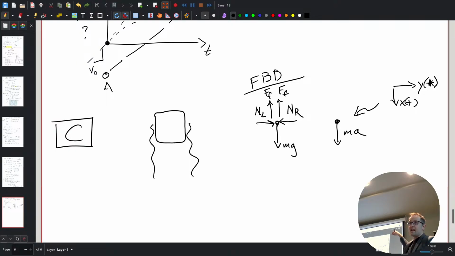If MA is down, so if I'm saying MA has to be down, do I know anything about my left and right normal forces? Yeah. If we're saying the thing's moving left and right, then we need a force to move it left and right. There's got to be a cause for the motion.